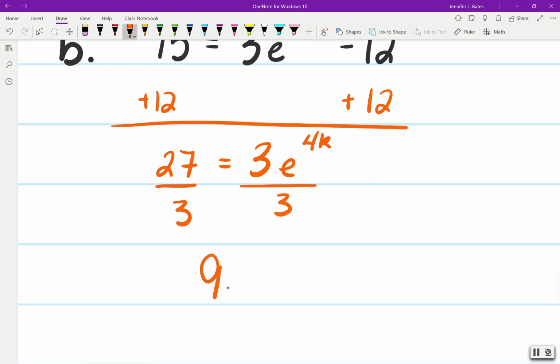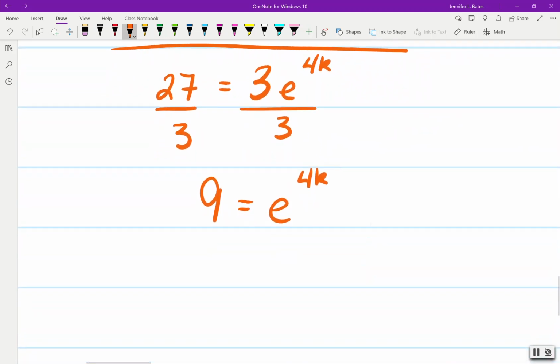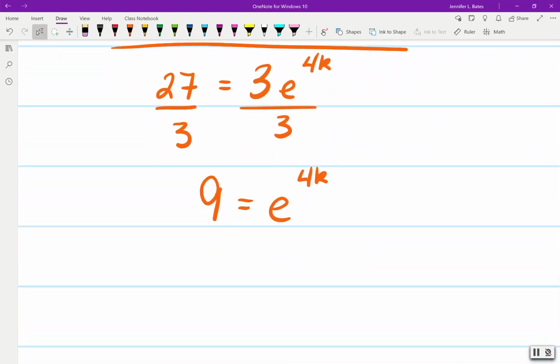So I've got 9 is equal to e to the power of 4k. How do I get rid of e? I'm going to take the what of both sides? The what? The natural log. Good.